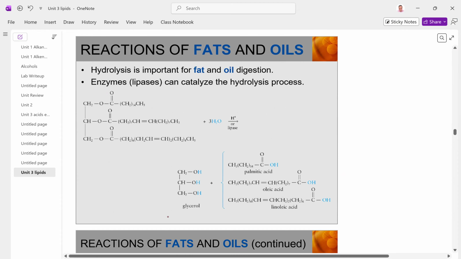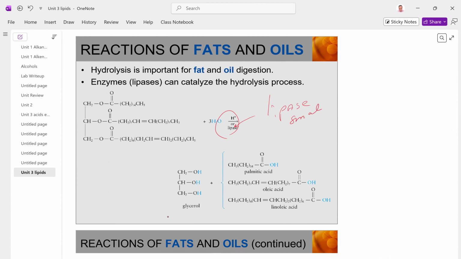We can also take it apart in an acidic environment. Now, you need to know this enzyme lipase. Lipase takes apart triglycerides in your small intestine. So if you mess up your lipase, you'll have trouble digesting fats.